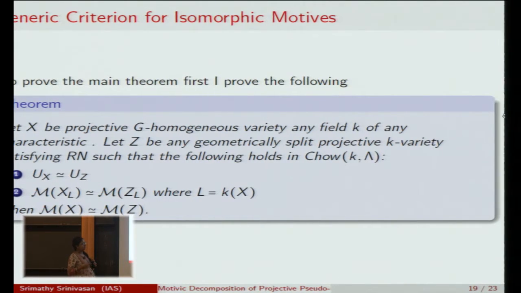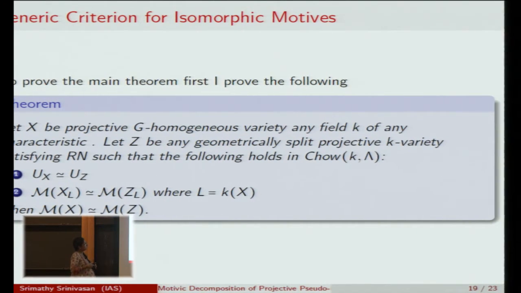The main result that the motives are isomorphic is proven using this generic criterion for isomorphic motives. I call this generic criterion basically because this theorem works for fields of any characteristic K. So I don't care what the underlying field is. You take X to be a projective homogeneous variety for G over any field of any characteristic, even 0.